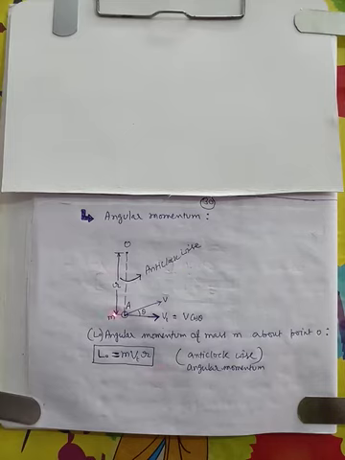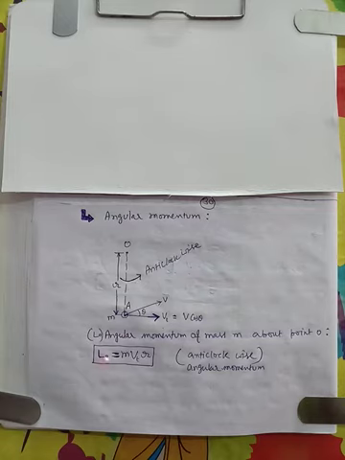You can see that the tangential component of velocity is in this direction, and this will try to rotate body A anti-clockwise about O. Just by seeing with the eye, you can judge that this is anti-clockwise angular momentum.